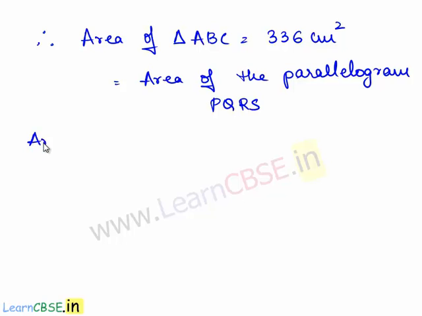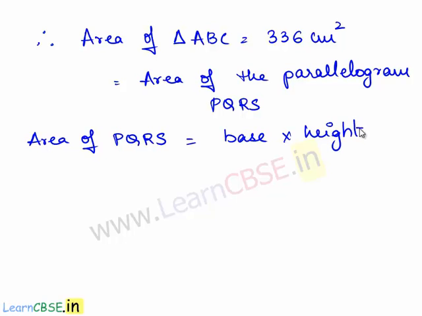Area of a parallelogram PQRS can be obtained with the formula base into height. Since area of PQRS is 336 centimeter square, and as given in the question, base of the parallelogram is 28 centimeters, and we need to find the height of the parallelogram.